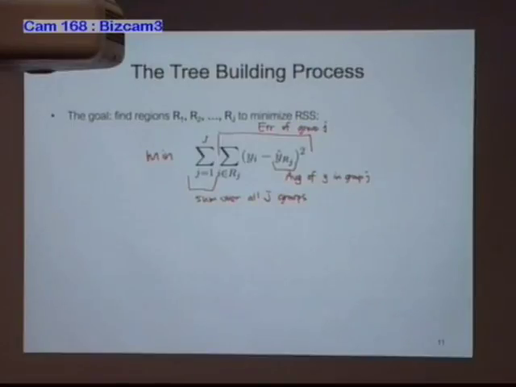Then everybody minus their average is their error. So we take a squared error. That's the error for a particular point. We sum over all the points. So that's the error for a particular group. And we sum over all the groups. So that's the total error, right? And that's the objective, right?